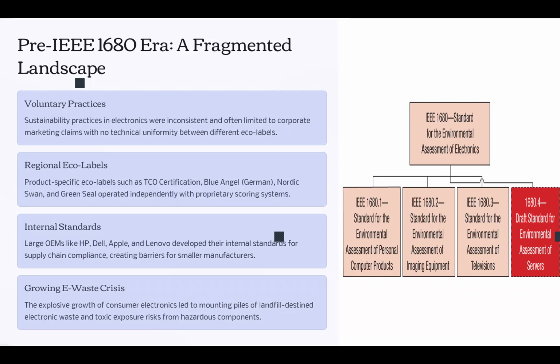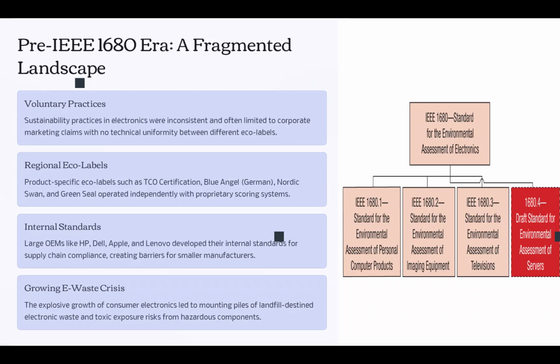Big name OEMs like HP, Apple, Dell, or Lenovo created their own in-house standards that helped them but created chaos for suppliers. Small manufacturers had to jump through multiple hoops to meet every big company's different expectations. At the same time, we were seeing a growing mountain of discarded electronics piling up in landfills.